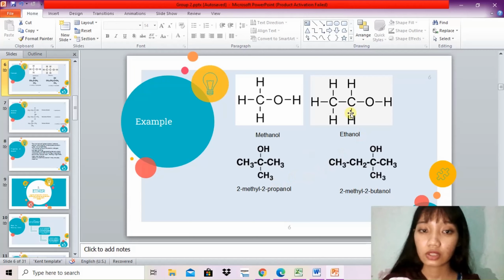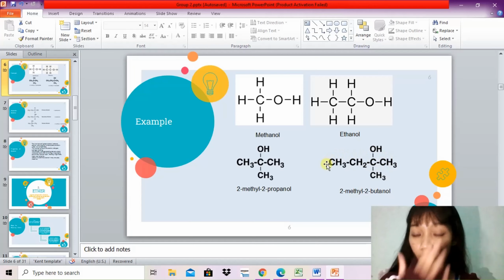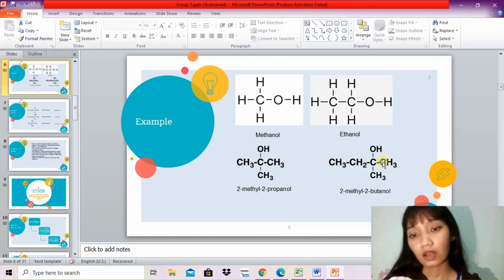Now let's jump into the fourth example. As we can see here, this is the functional group OH. The C here is bonded. Then we count the longest chain, which will become the parent chain. We can count it like 1, 2, 3, 4, 5.